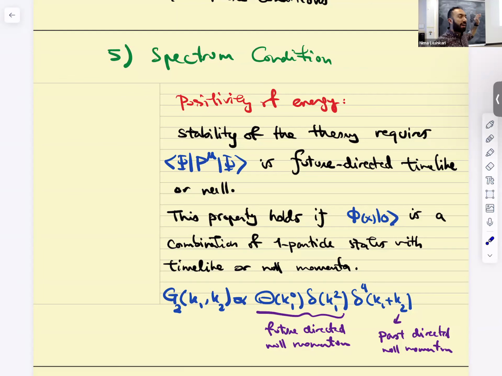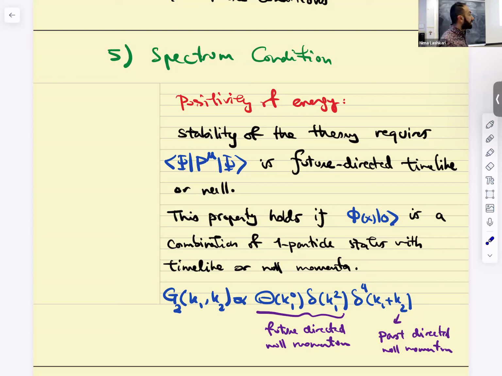Now, I leave it for you guys to argue because based on everything you know, even QFT1, you could argue for these. This property holds if phi(x) acting on the vacuum gives you a combination of one particle states with time-like or null momenta.